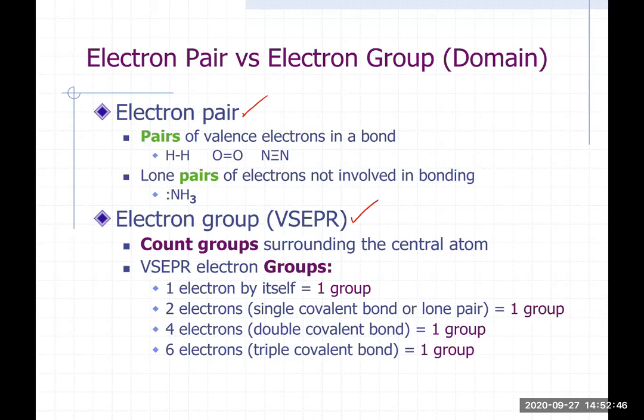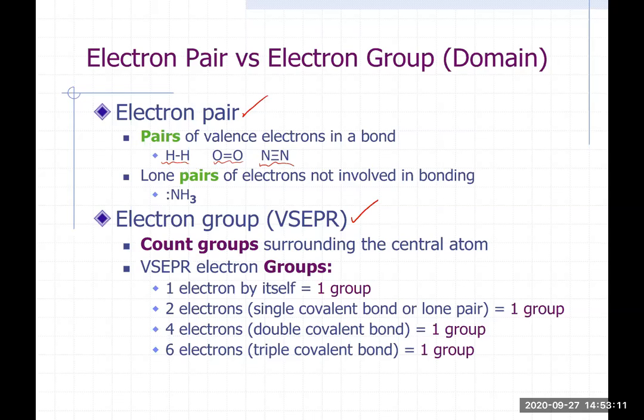So there are 2 electrons or 1 pair in H2. In a double bond, we have 2 pairs of electrons, or a total of 4 electrons. And in a triple bond, like we have in N2 here, there are 2, 4, 6 electrons, 3 pairs of electrons in that triple bond.